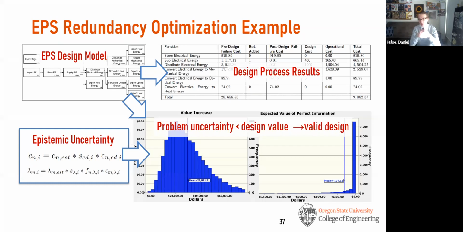And then three, the amount of loss that we had for having the uncertainty in the design was not very big in comparison. And so because the effective problem uncertainty was small compared to the value of the design process, we concluded that that was a valid design.